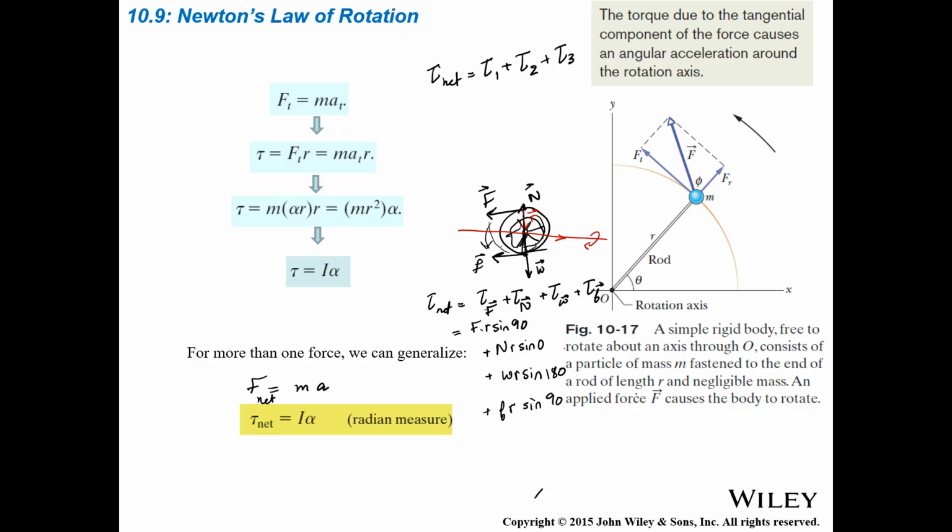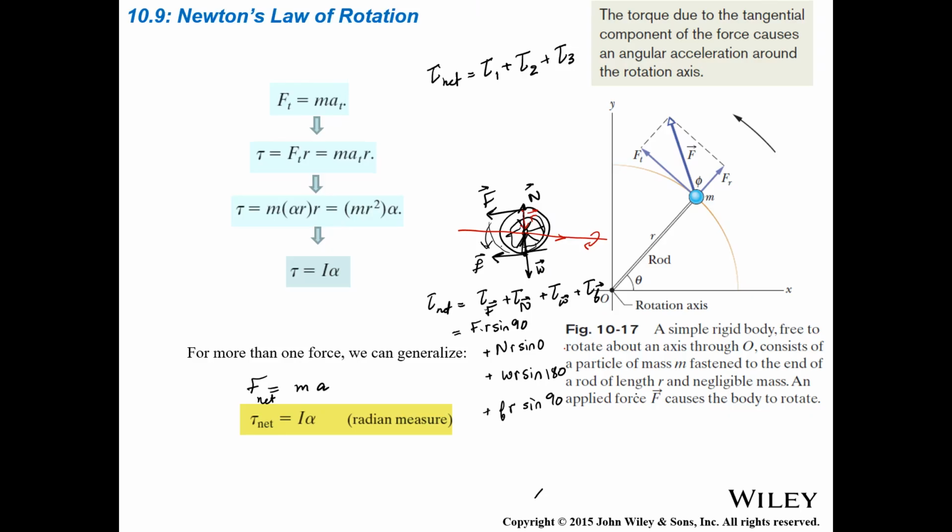Now, the friction and the applied force, are they supporting each other when they rotate the wheel? Let's take a look. The applied force will try to rotate the wheel clockwise or counterclockwise. If I push like this, the wheel will rotate like this, which is counterclockwise.